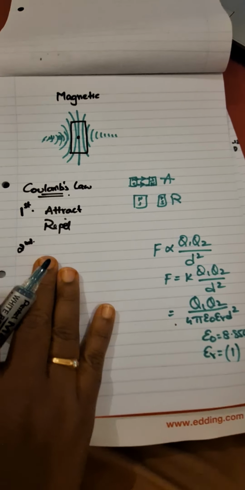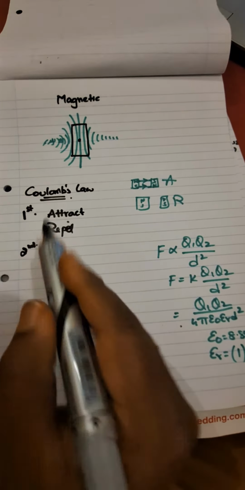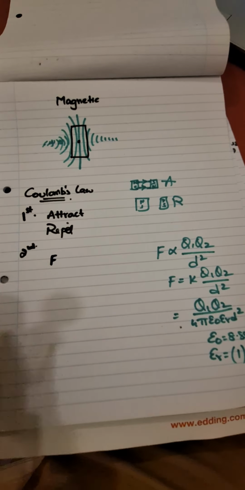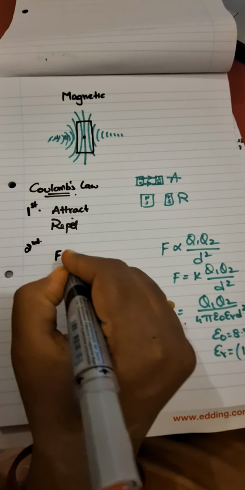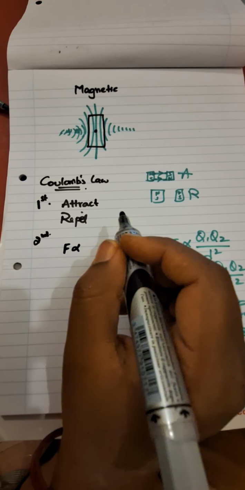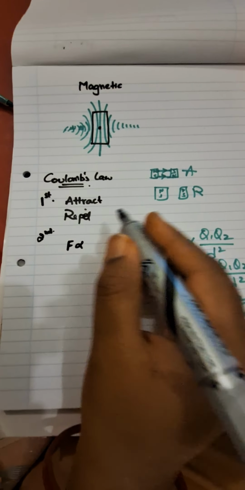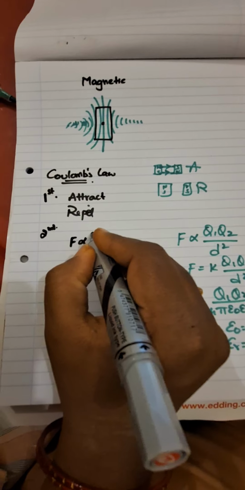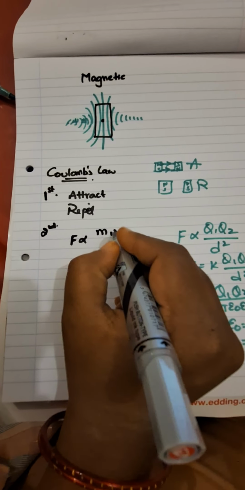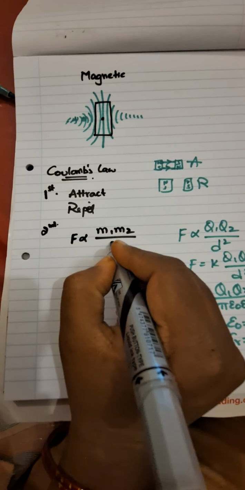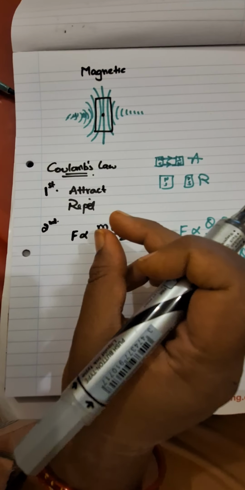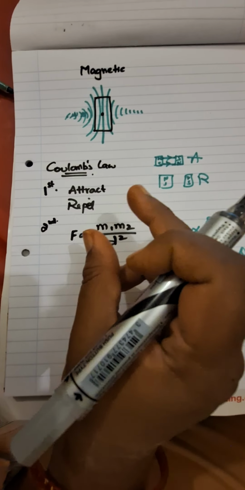Now in magnetism, the force is directly proportional to the poles, north pole and south pole. Here we are talking about a dipole, so it is about the pole strength. We have two poles, right? And the distance between the poles talks about the size of the magnet.